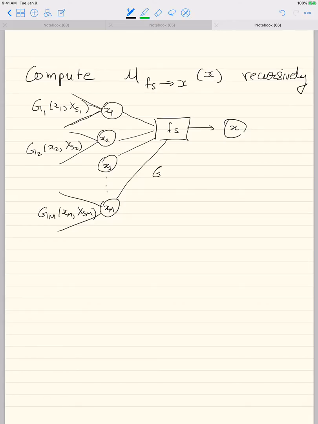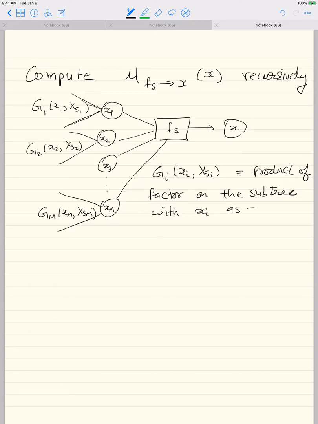So gi of xi, xsi is the product of factors on the subtree with xi as the root node.